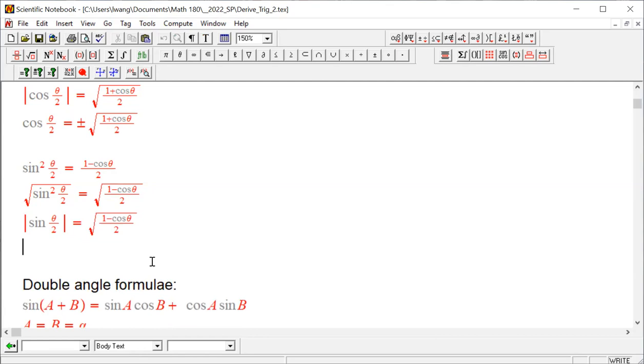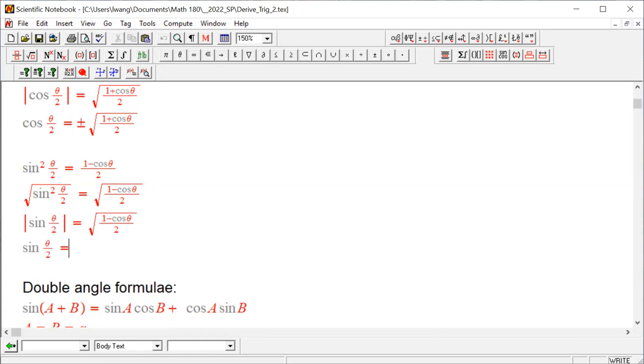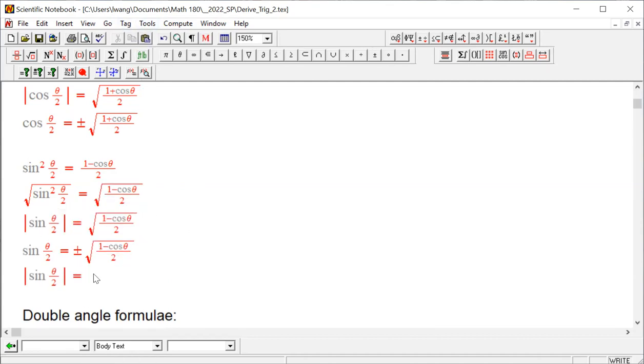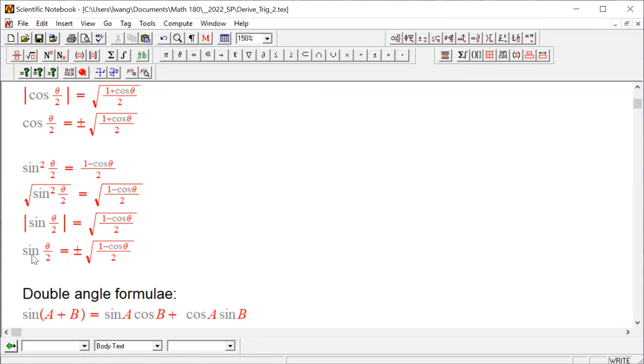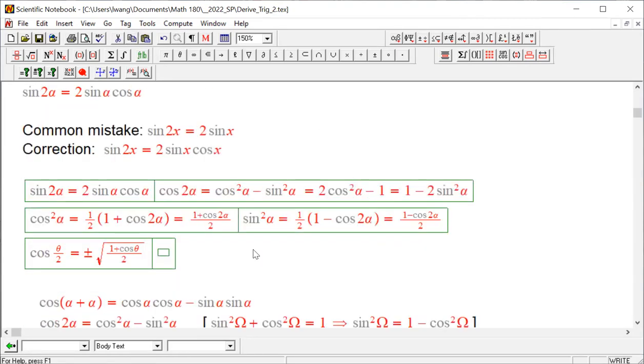So we have this absolute value equation. So sine theta over 2 is equal to plus minus this root. So this is the second piece of half angle. We're good.